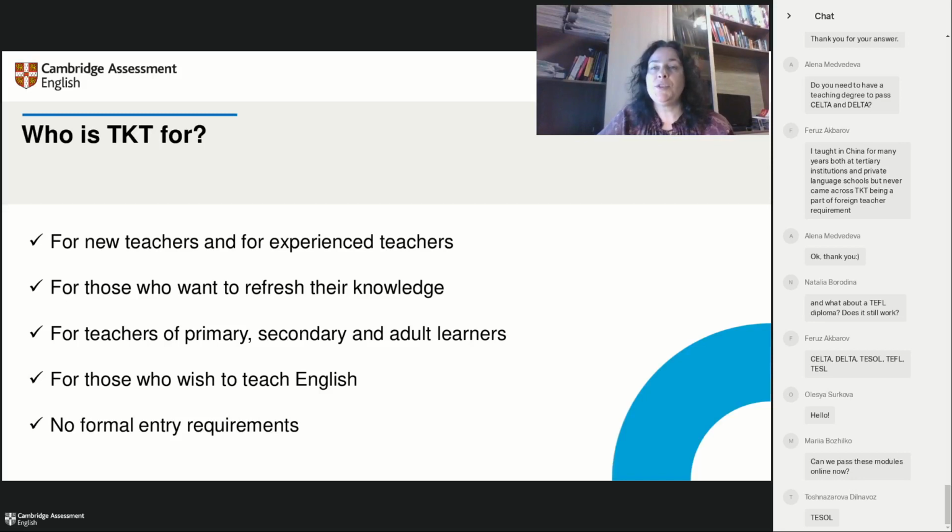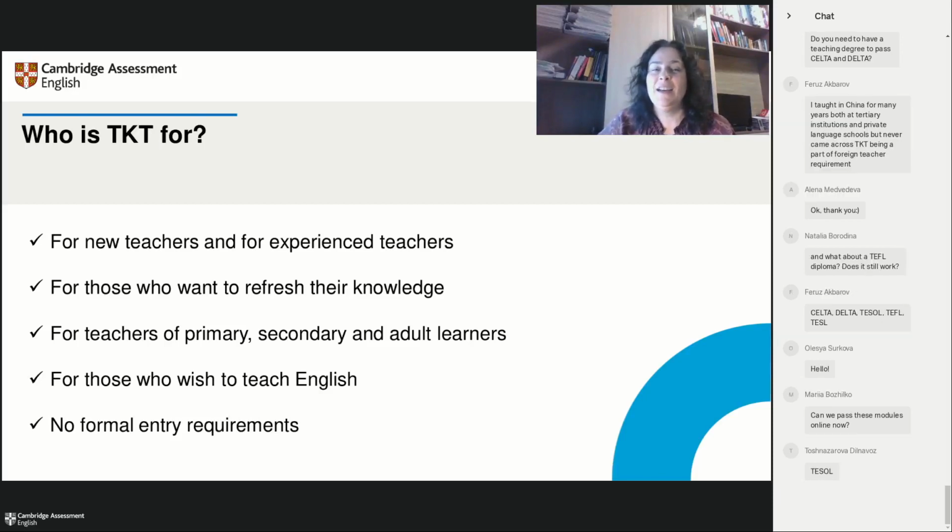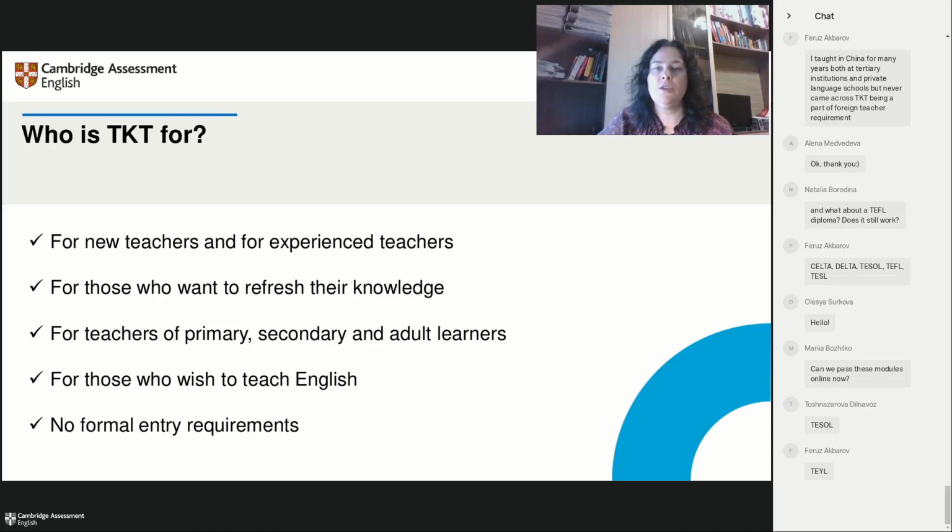If you work with young learners, TKT core modules give you the background knowledge. So it is relevant for all age groups, for all levels that you work with. It'll be helpful anyway. So if you work with higher level students, adult learners, still, there is lots of key information.